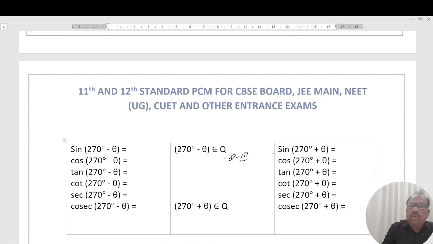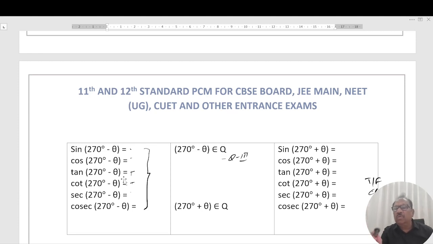In this case, trigonometric function changes and put the sign according to the quadrant. In this case, third quadrant, tan and cot will be positive. All others will be negative. Trigonometric function will change as indicated. Sin will become cos, cos will become sin, tan, right.